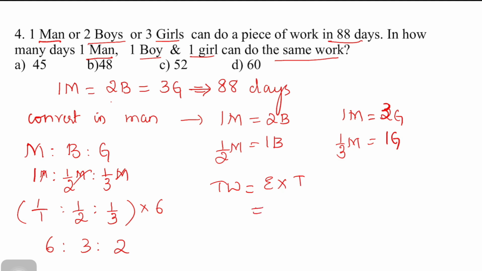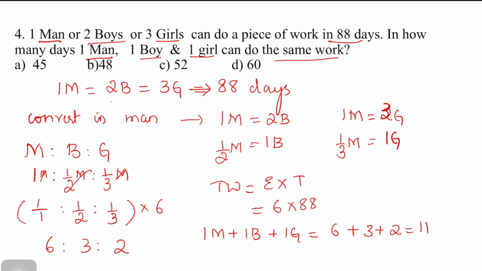Total work, with efficiency of man, will be 6 into 88. So 1 man plus 1 boy plus 1 girl: 1 man efficiency is 6, plus 1 boy is 3, plus 1 girl is 2, which is equal to 11.